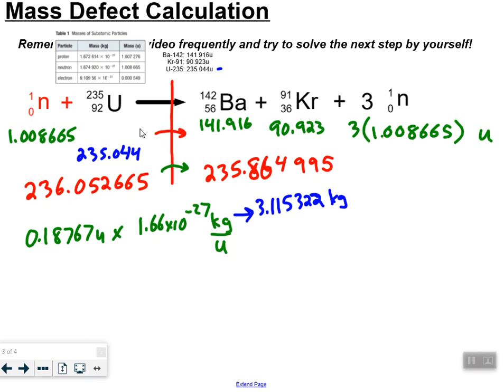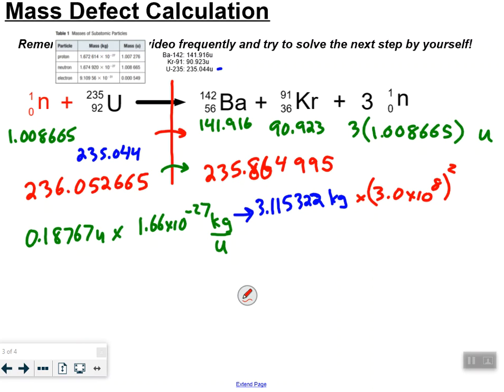I'm going to sit down so I can write this in easily. For E equals mc squared, we have to take that number and multiply it by 3.00 times 10 to the 8 meters per second, the speed of light, squared. That's the c in E equals mc squared.